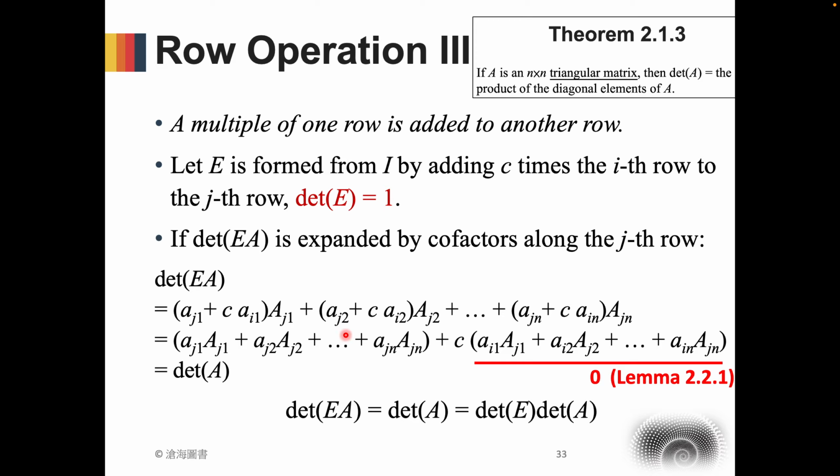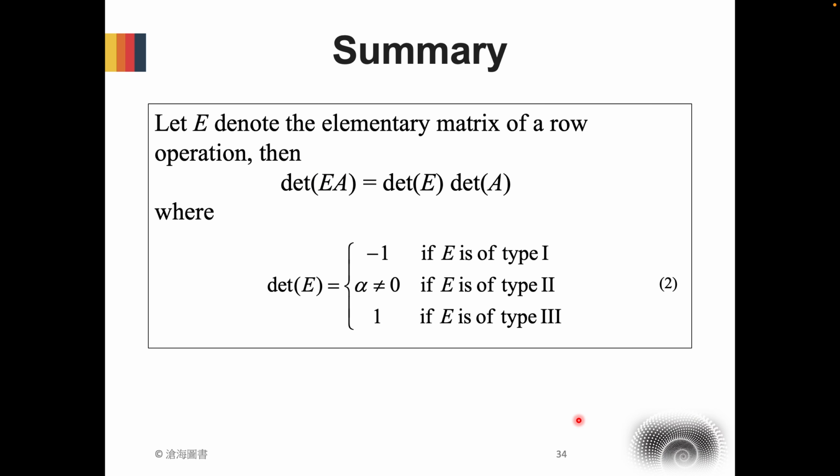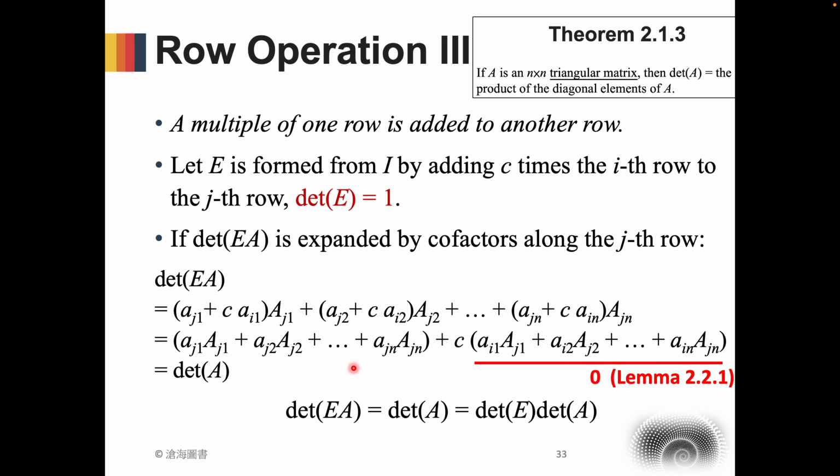Okay, so this is why we can write down determinant EA is equal to determinant E times determinant A. So in summary, no matter which type of row operation, we can write down determinant EA is equal to determinant E times determinant A, right?